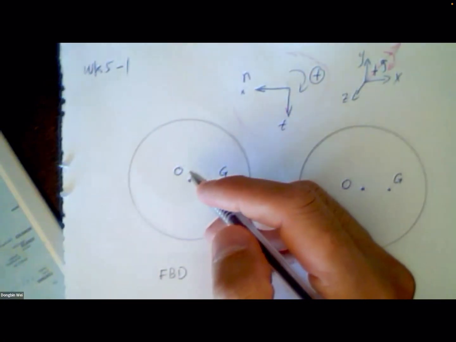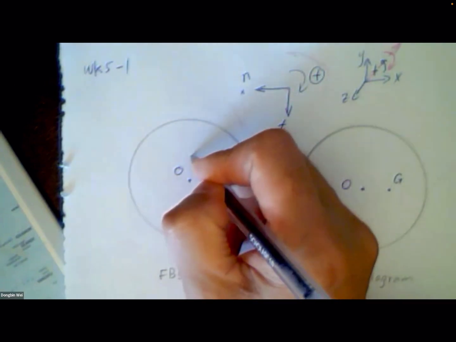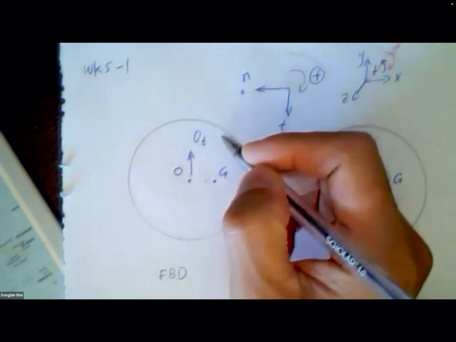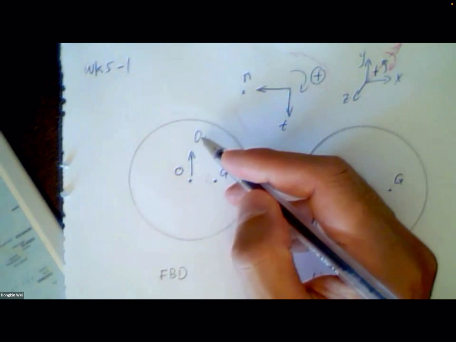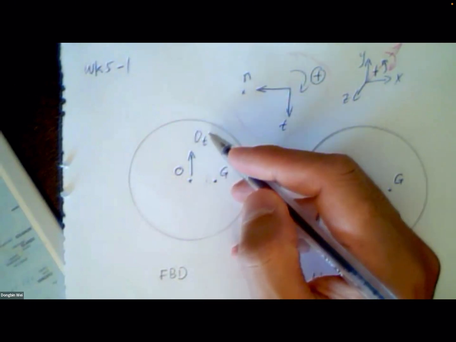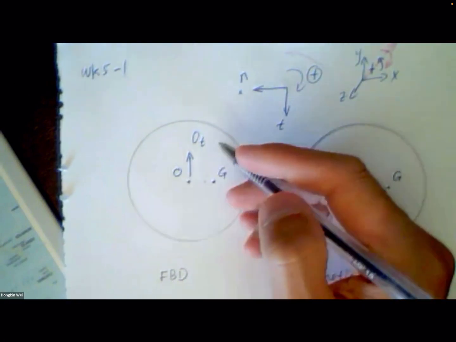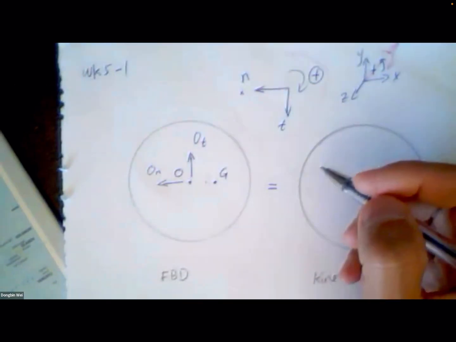In this free body diagram, we should have OT along the T direction. We have a component of the reaction force at the axis O. And we also can indicate ON.